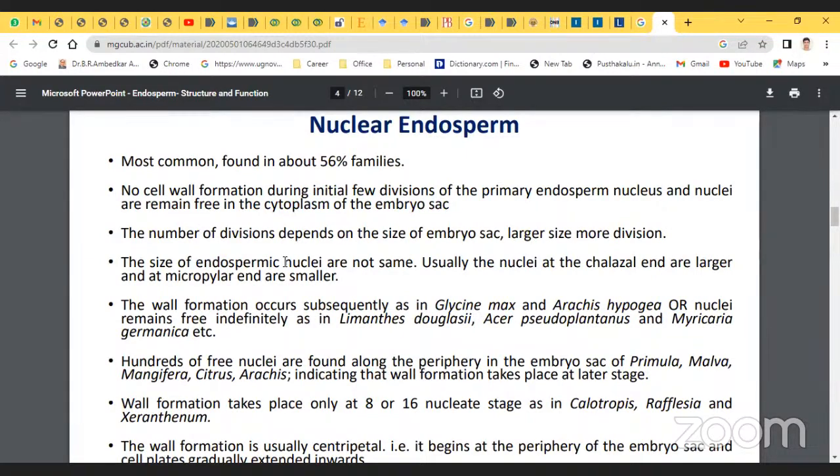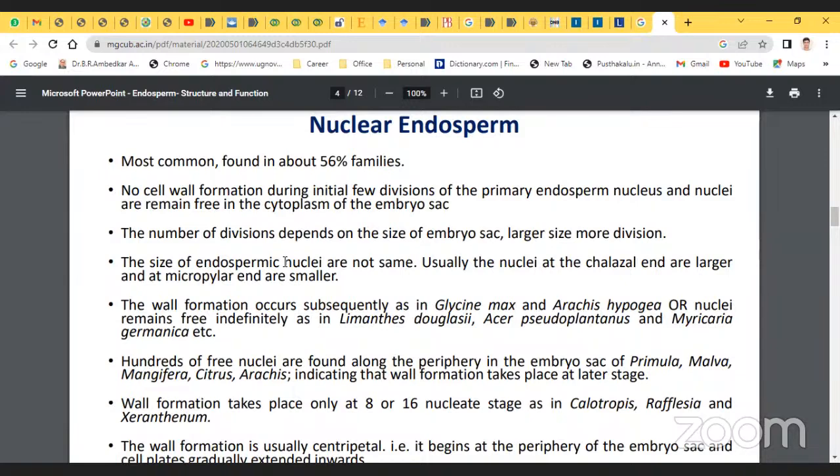So here, there is no cell formation during the initial few divisions of the primary endosperm nucleus.